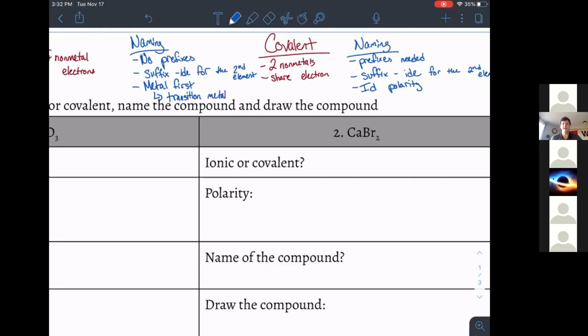Why do we have to worry about transition metals? What could we have to add with transition metals? The groups at the top don't define the valence electrons. Perfect. Number of valence electrons. Represented by what?